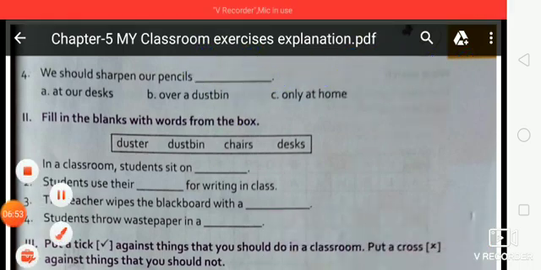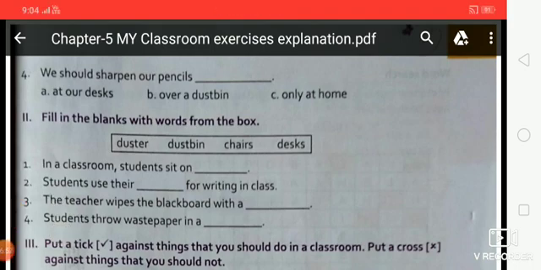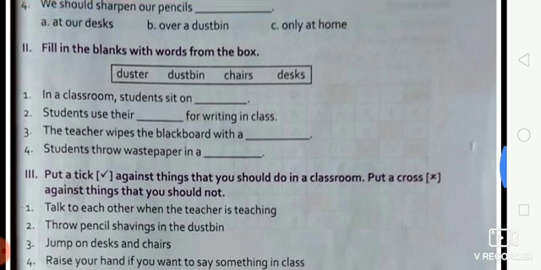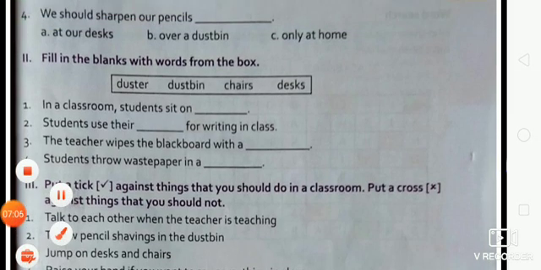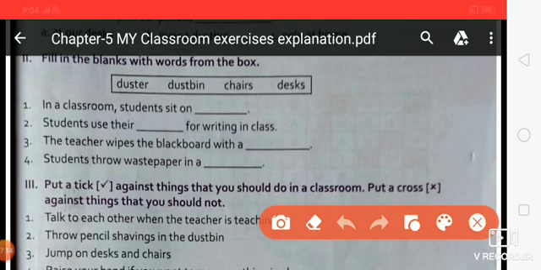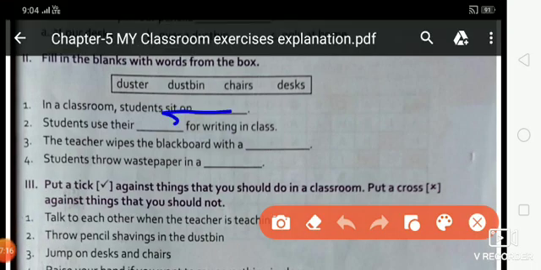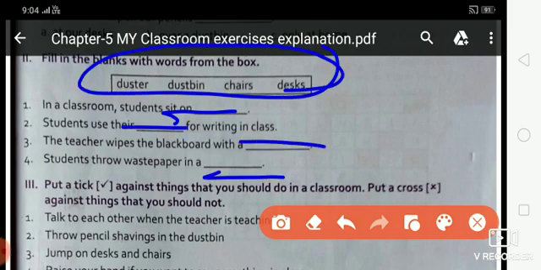Now students, our exercise 1 is completed. Move on to exercise 2. Exercise 2 is fill in the blanks with words from the box. Here, students, you have to fill these given blanks by choosing the words from this box.